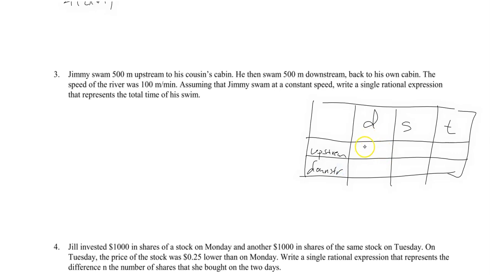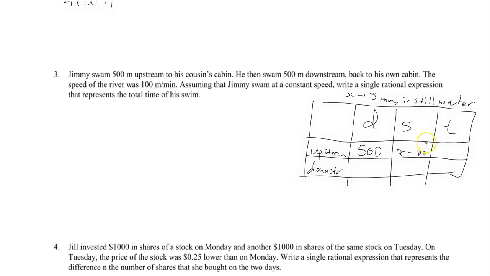So he swam 500 meters upstream, so that's your distance, 500 meters. His speed, well, let's call his speed x. If he's going upstream, though, and the current is 100, he'll be going x minus 100, right? Because he has to work against that. So the x is his speed in still water, x. Jimmy in still water.